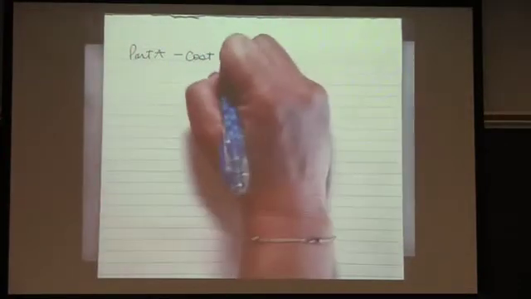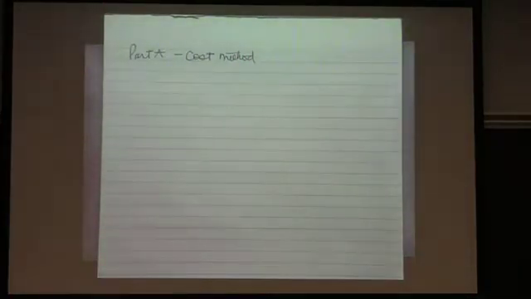So, cost method, Part A. Okay, so we know under the cost method, all we do is we pick up our share of dividends as dividend income, and we adjust the investment if there's a permanent impairment.